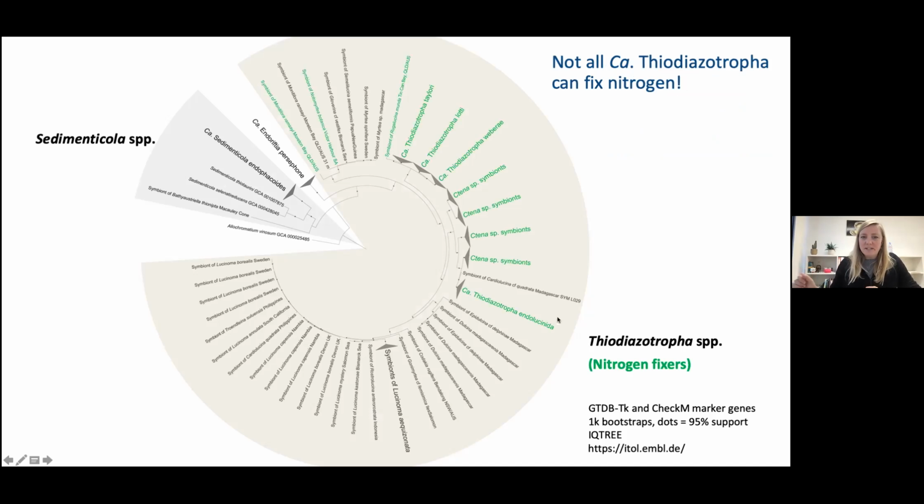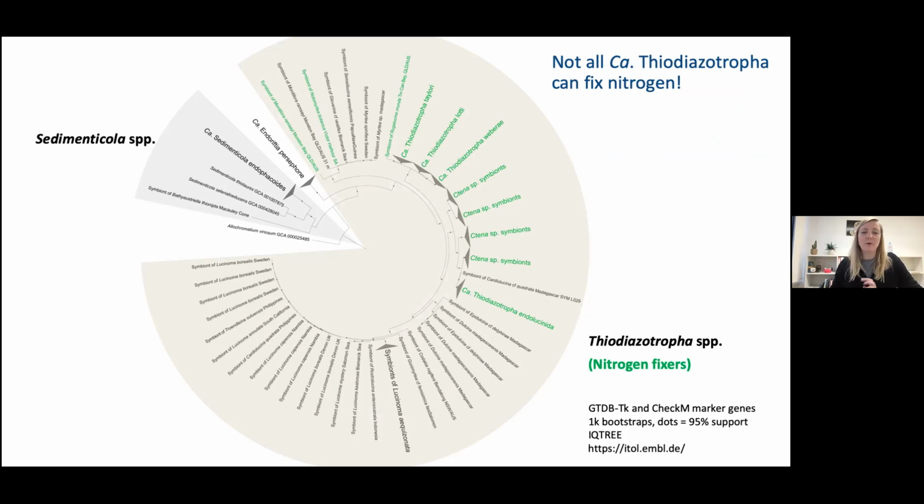However, this might have been a mistake in retrospect. The genus that we've called Thiodiazotropha actually contains many members that do not seem to have the capability to fix nitrogen. So those shown in green are the ones that have this entire cluster of nif genes in their genomes, and those shown in black are lacking this cluster.